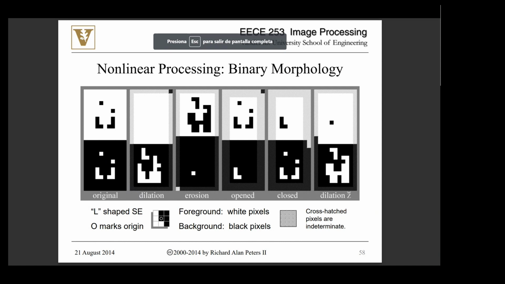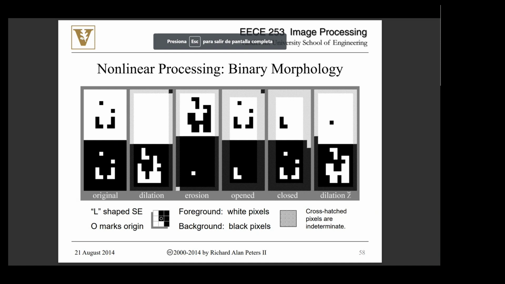In binary morphology, we will take an original image and we will define different operations. Some of them resemble convolution. We will see the details in the future. For instance, dilation is like convolution.